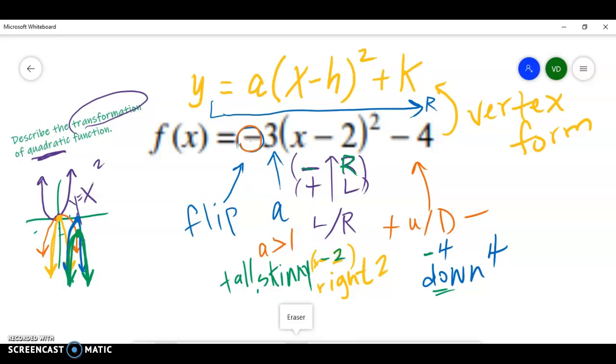If I was pulling the vertex from this equation, that -h, we're going to do the opposite of that. That -2, I'm going to pull it out. So my vertex should be at 2, -4. And we're going to go check to confirm. 2, -4.